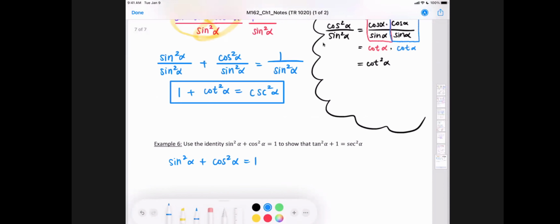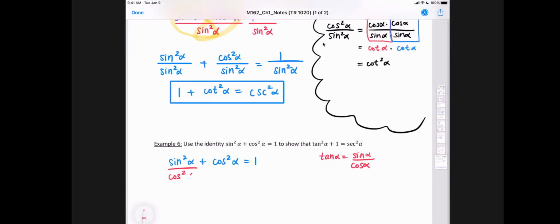And since we want to get this other form that involves a tangent, we know that tangent is sine over cosine. So if I want the tangent to appear, then I want sine square over cosine square like that.